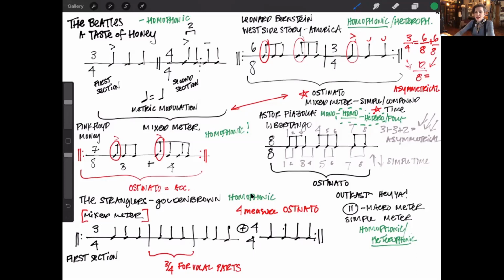Speaking of our next example, we are going to take a listen to another example of asymmetrical time. So we're going to listen to Radiohead, a group that is well known for creating pieces that do have an interesting rhythmic layer to them, or at least some amount of asymmetry or experimental attitudes when it comes to rhythm.